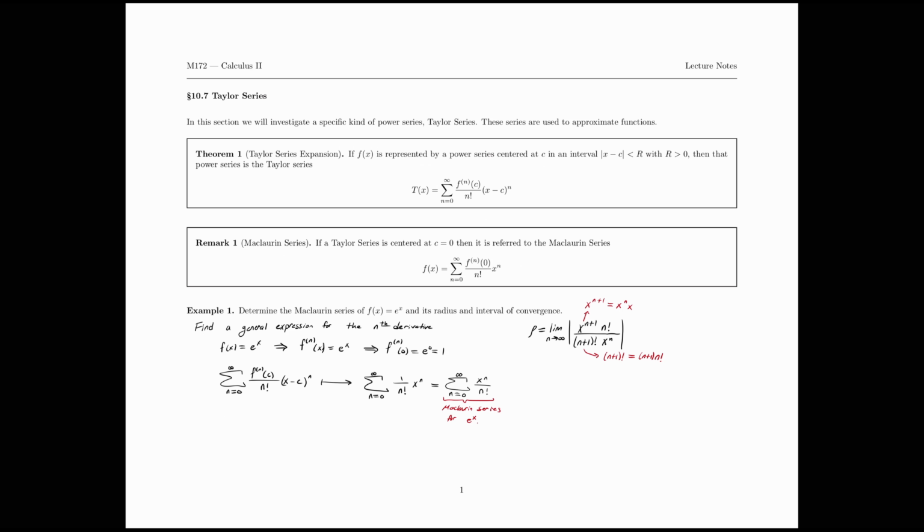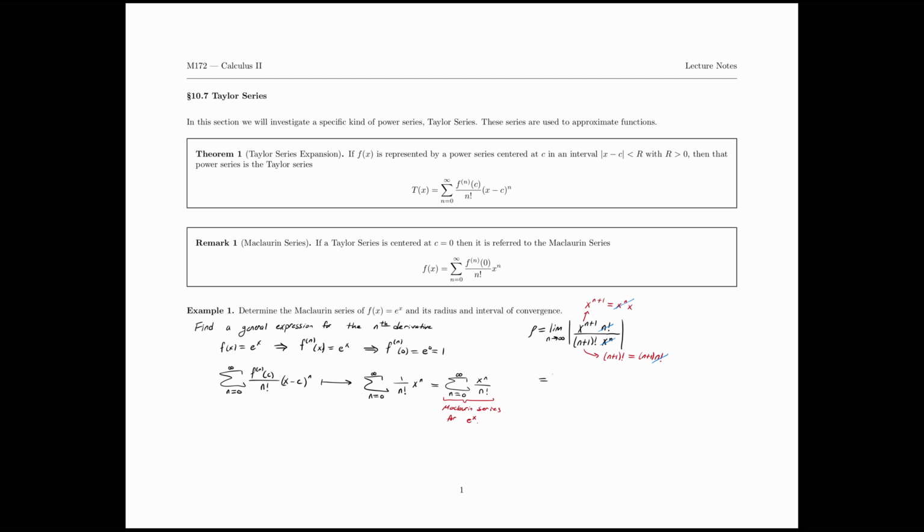So then we can see that the x to the n's cancel, and we're left with just an x. Our n factorials cancel, and we are left with just an n plus 1. So now the absolute values won't affect the n plus 1 at all, but they will affect the x.